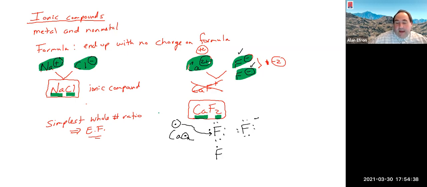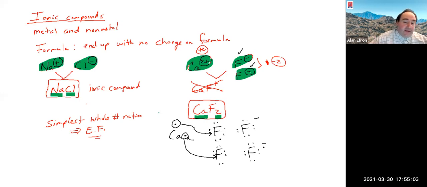So in order to do that, again, we need that extra fluorine there to allow it to pick it up. And really the basis of putting these guys together in that simplest whole number ratio, in the case of ionic compounds like this, is that it allows everybody to achieve that group 8 noble gas configuration.